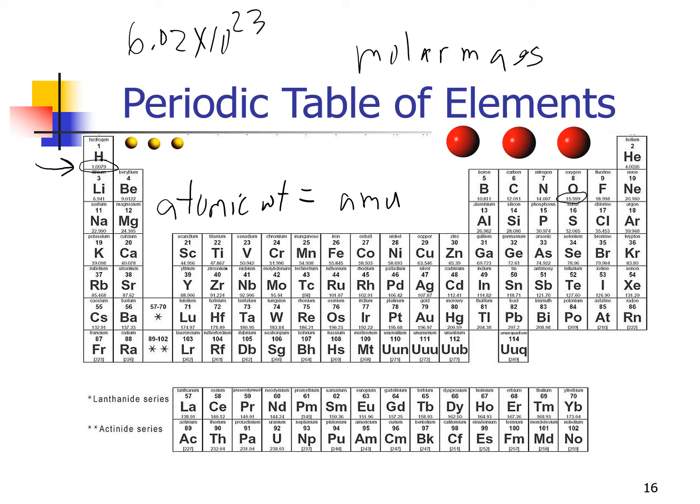And molar mass is also going to be defined on your periodic table as that same number. So for hydrogen, we can say its atomic weight is 1.0079, or we can say its molar mass is 1.0079.